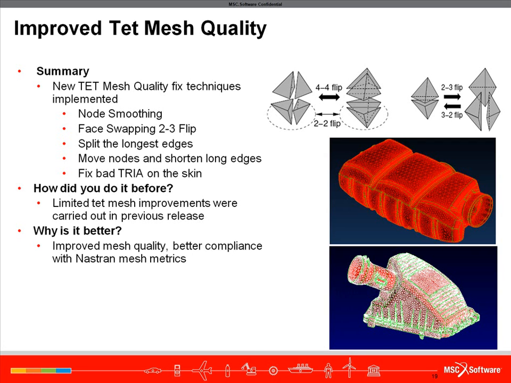In prior releases, there were limited sets of mesh improvement techniques available, and with this release, we have provided a much more comprehensive set of quality fix techniques that result in an improved mesh quality and better compliance with Nastran metrics.